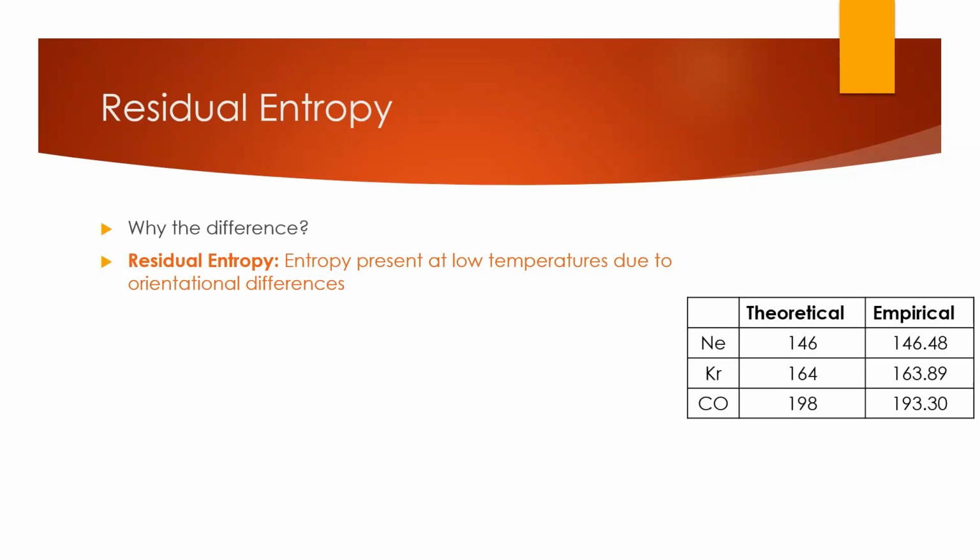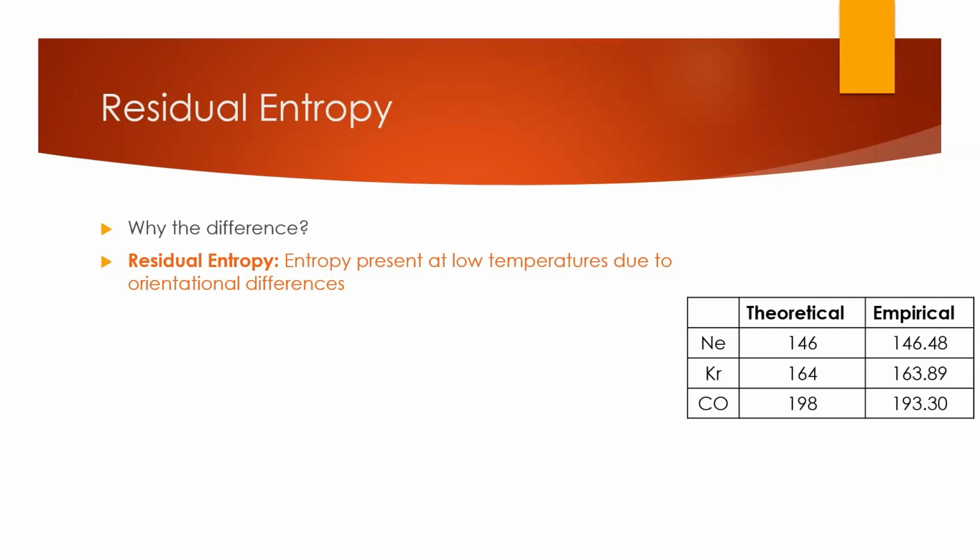If you recall, we have entropy being 0 at 0 Kelvin. We get this from our third law of thermodynamics that says the entropy of a pure crystalline solid is 0 at 0 Kelvin. So this goes without saying, but if we do not have a pure crystalline solid, we will not have zero entropy at 0 Kelvin.